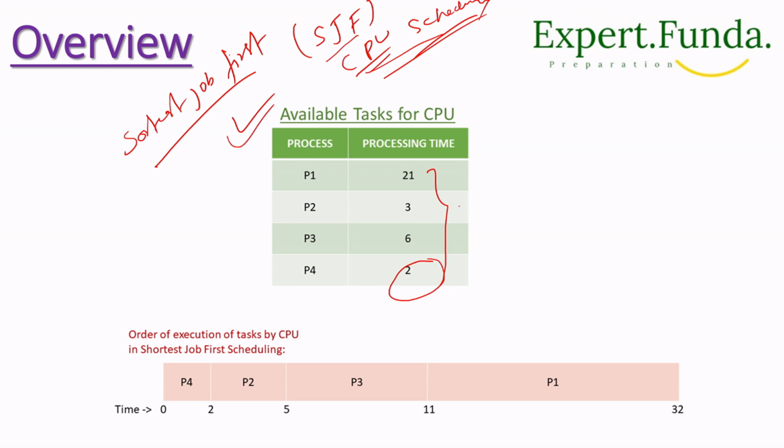If multiple tasks have the same shortest processing time, it will choose the one with the smallest index.